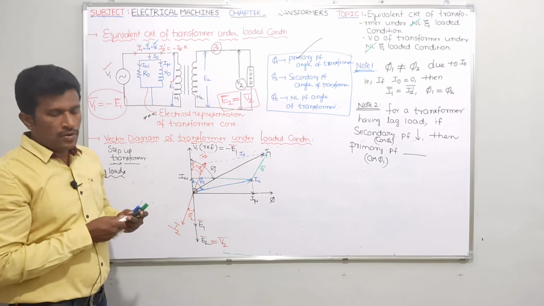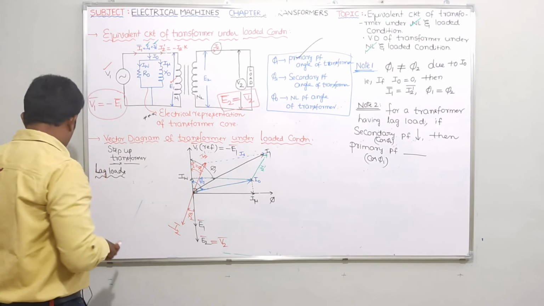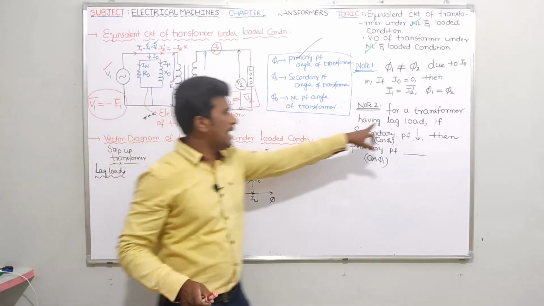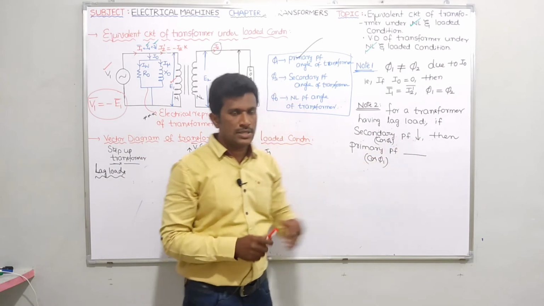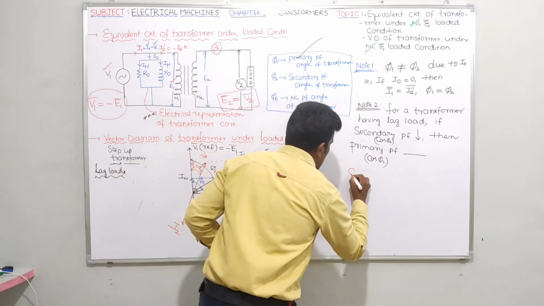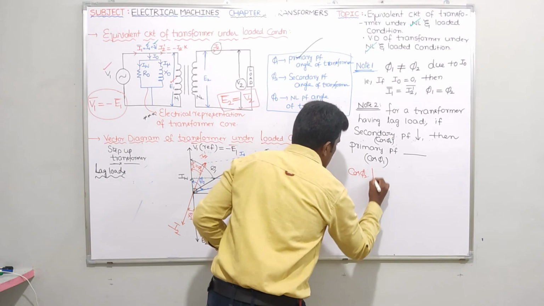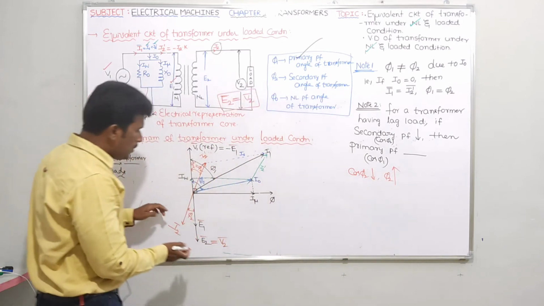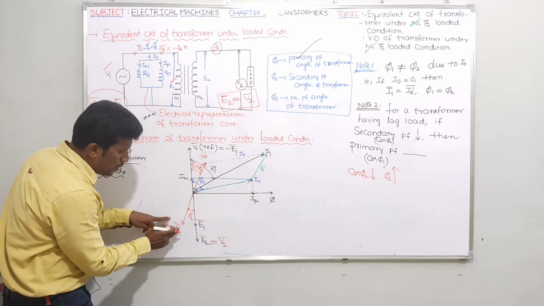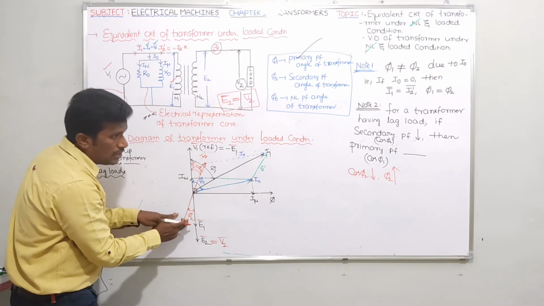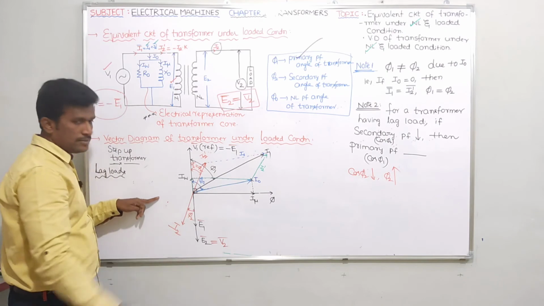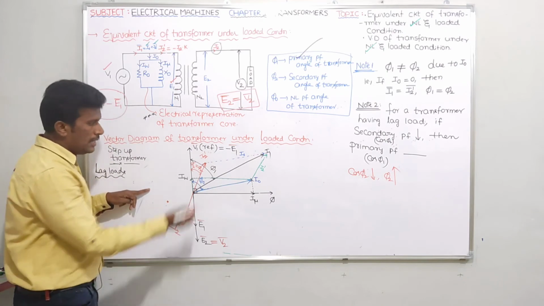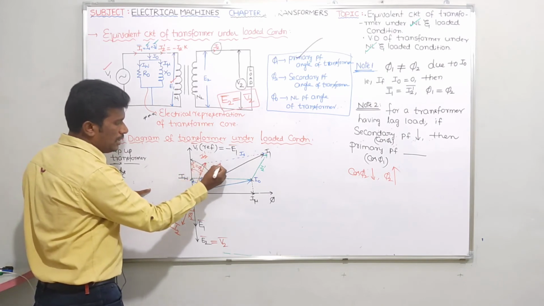We have to use this figure only. For a transformer having lag loads, if the secondary power factor reduces, cos phi 2 reduces means phi 2 increases. Phi 2 is the angle between I2 and V2. Phi 2 increases means I2 dash will come somewhere here.